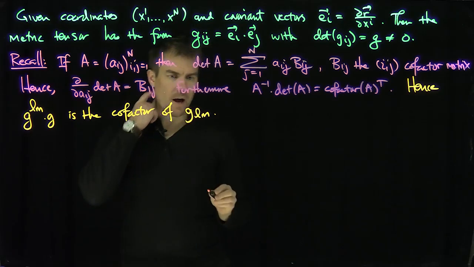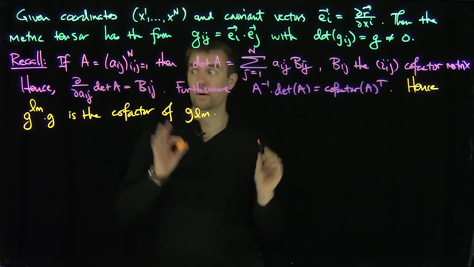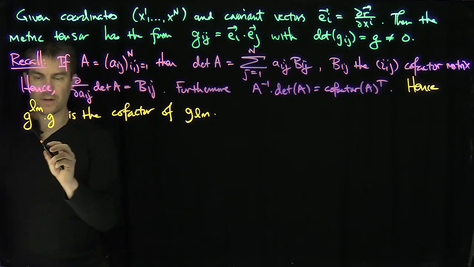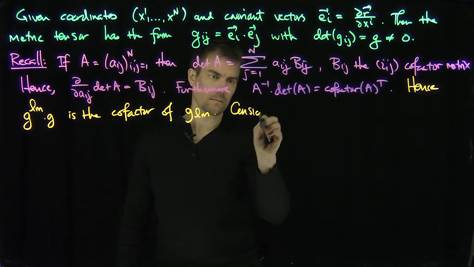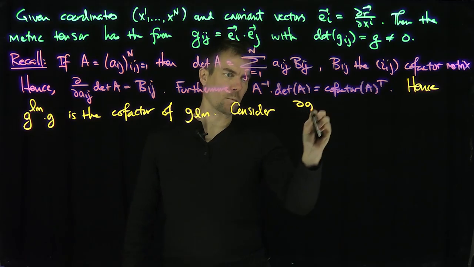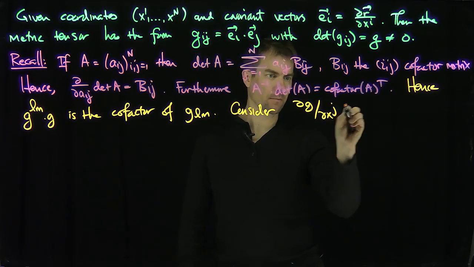Alrighty. And so now what am I going to do? I'm going to consider the derivative of my determinant with respect to a different coordinate, right? So now consider partial g, partial x_j, for example.